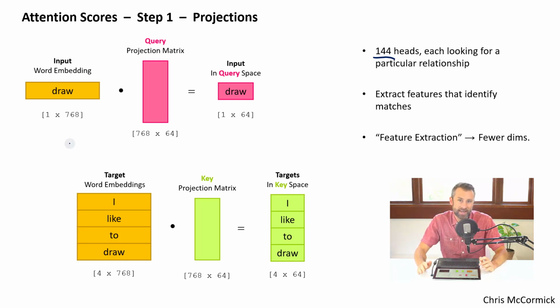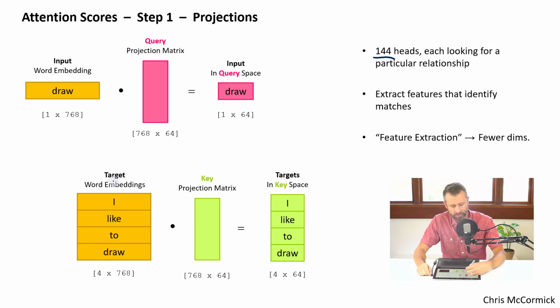In order to detect those relationships, the first thing that we do is make some projections. We're going to take our inputs and multiply them against the query projection matrix. And that will give us our inputs in the query space. And then we'll do the same for our targets.